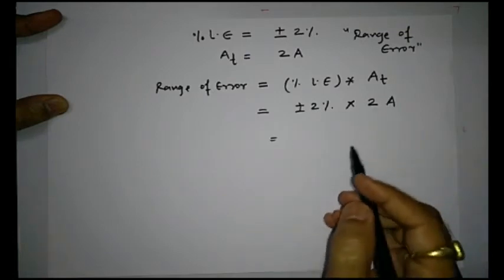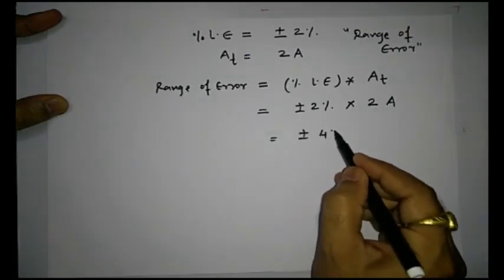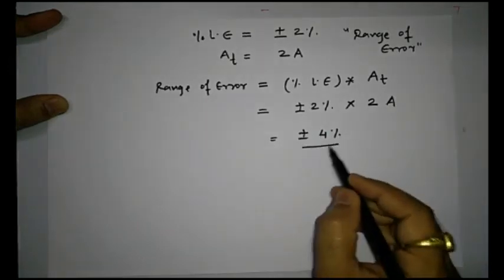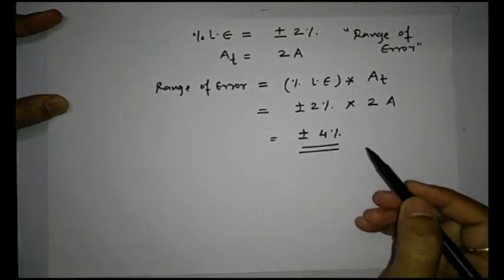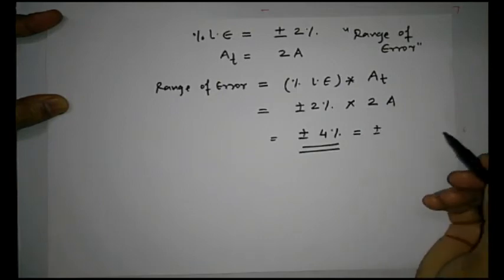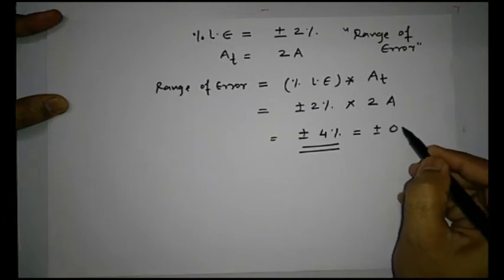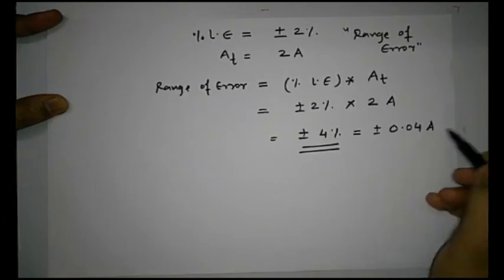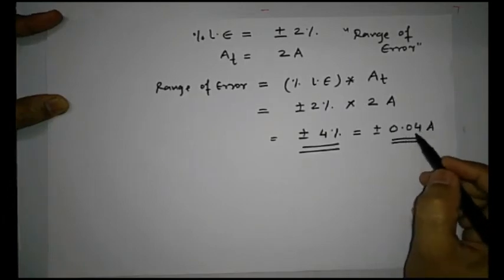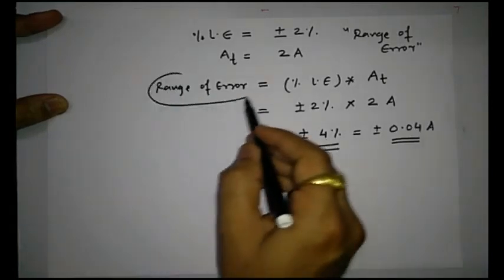So if you solve this, we will get plus minus 4%. So plus minus 4%, or in the scale of per unit, if you remove this percent sign, we can write here plus minus 0.04 ampere. So plus minus 0.04 ampere or plus minus 4% indicates the range of error.